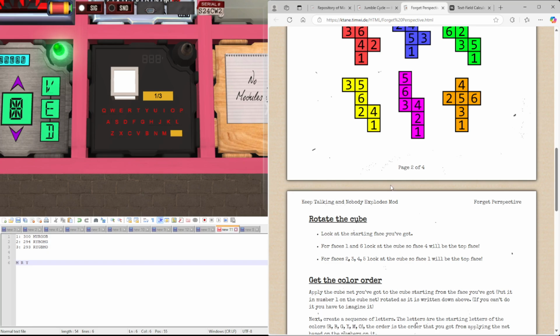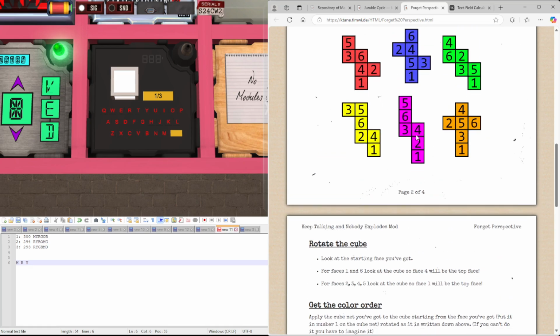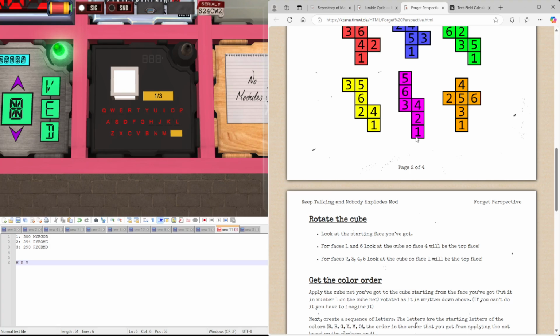So 4 will be the top face. Okay, so that is.